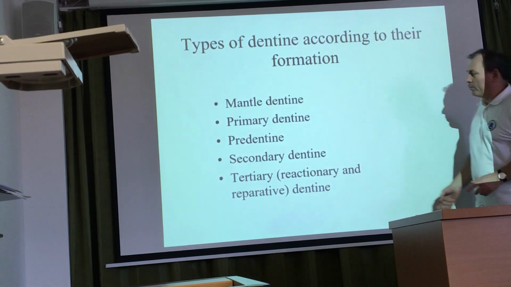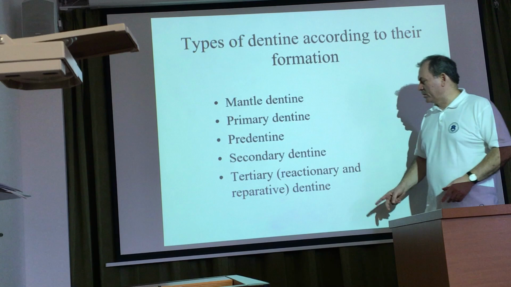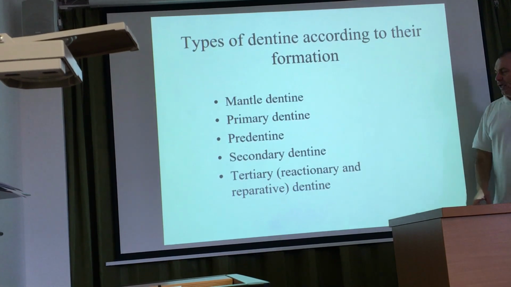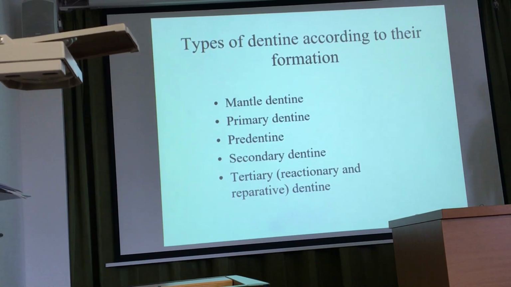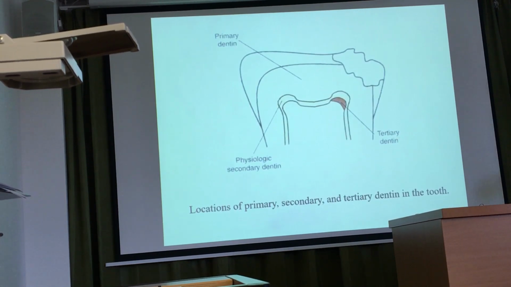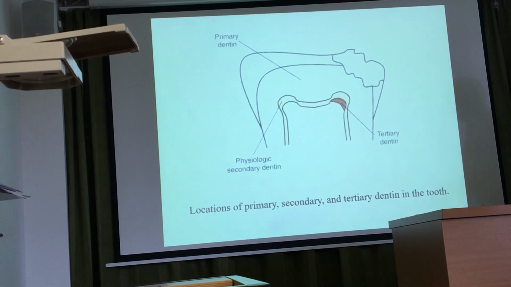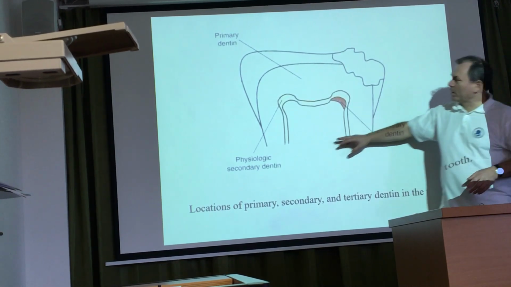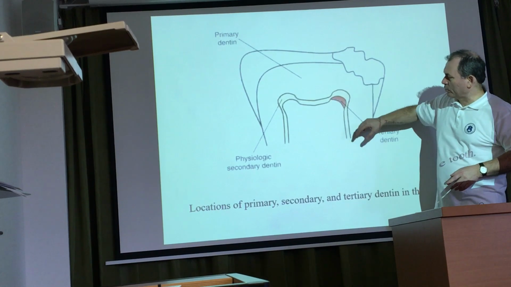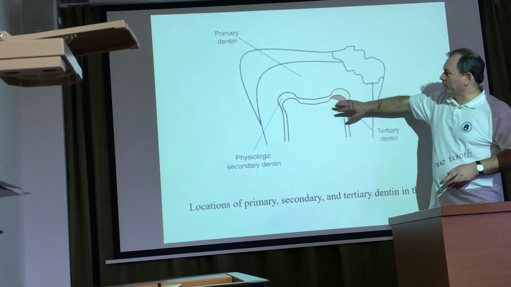And we have two different types of tertiary dentin, the so-called reactionary and reparative dentin. It is forming after different stimuli, even a pathological condition. So you can see here the different dentin types according to their location.